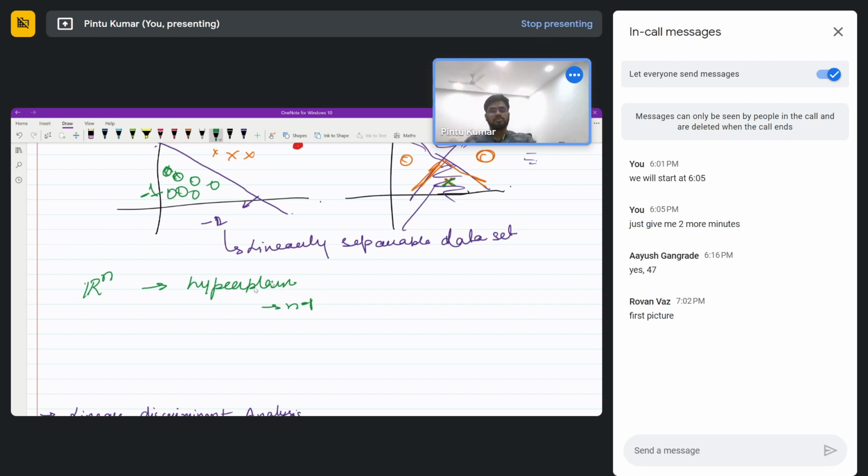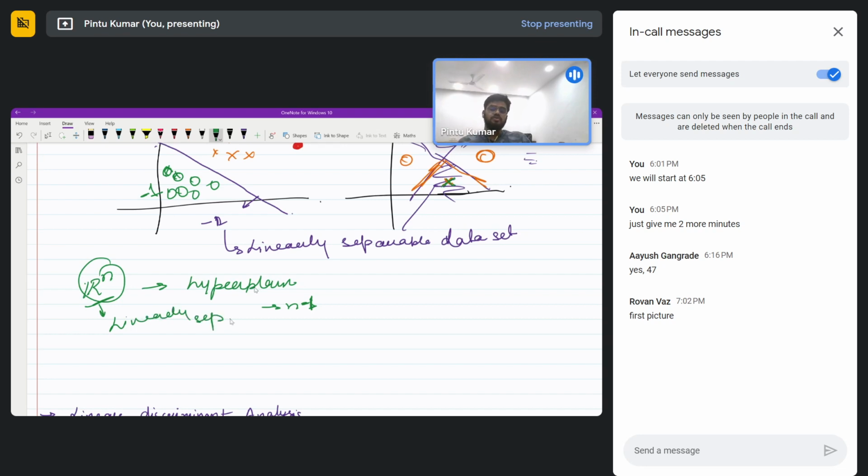A 4 dimensional hyperplane is difficult to imagine because we can imagine only up to 3 dimensions, and a 3 dimensional hyperplane would sit in 4 dimensions, so that is not possible to imagine. So if you can separate your two classes using an n minus 1 dimensional hyperplane, then your data set is called linearly separable. Okay, that I think is clear.